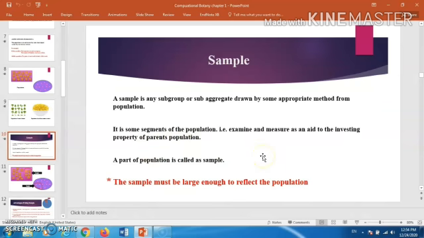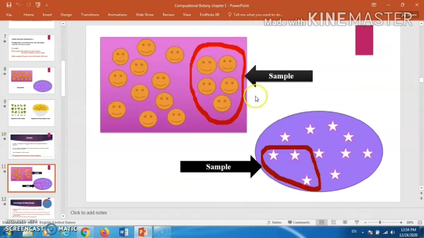Or, a simple definition: a part of the population is called a sample. The sample must be large enough to reflect the population. So you have to decide how much sample you have to take, then the sample will be well representative of that particular population.